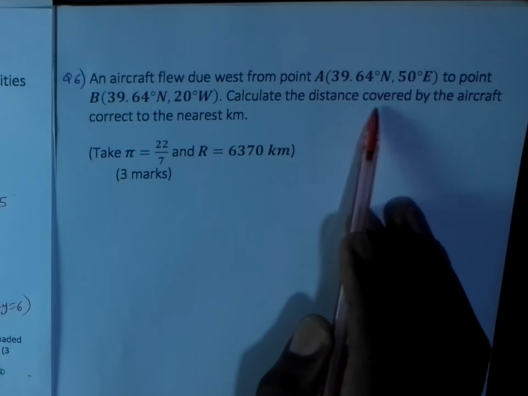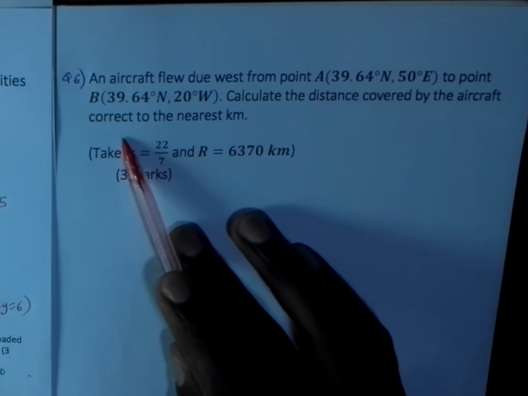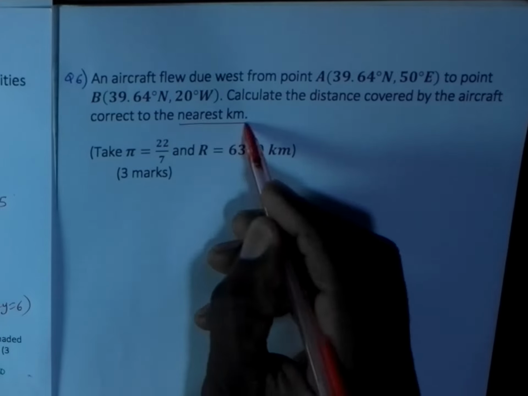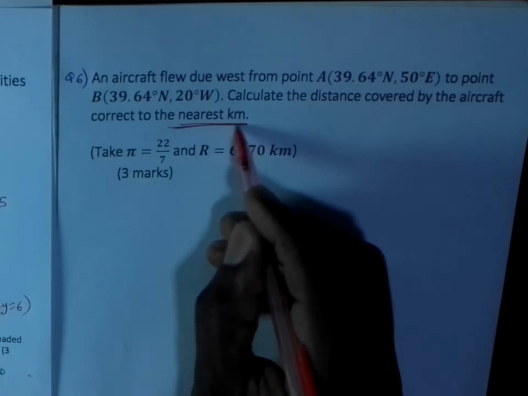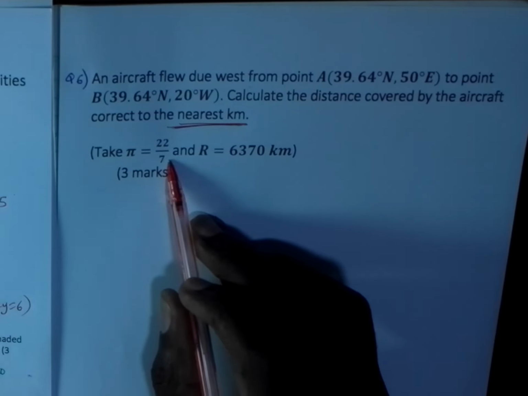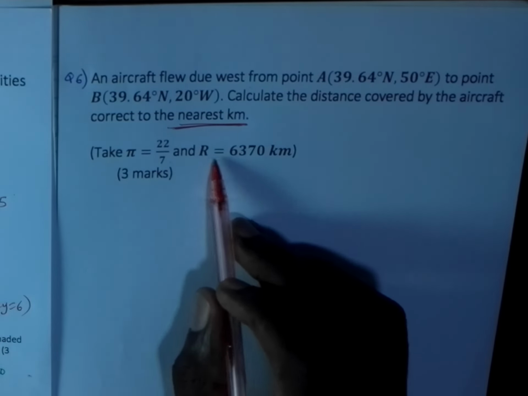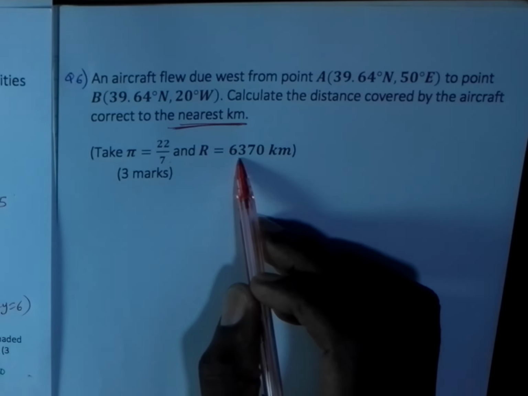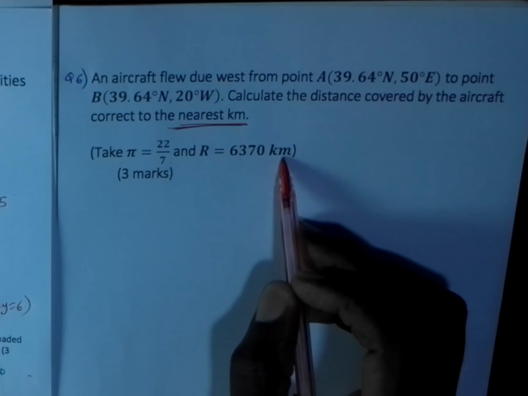Calculate the distance covered by the aircraft, correct to the nearest kilometer. Take pi to be 22/7 and r, the radius of the earth, to be 6,370 kilometers.